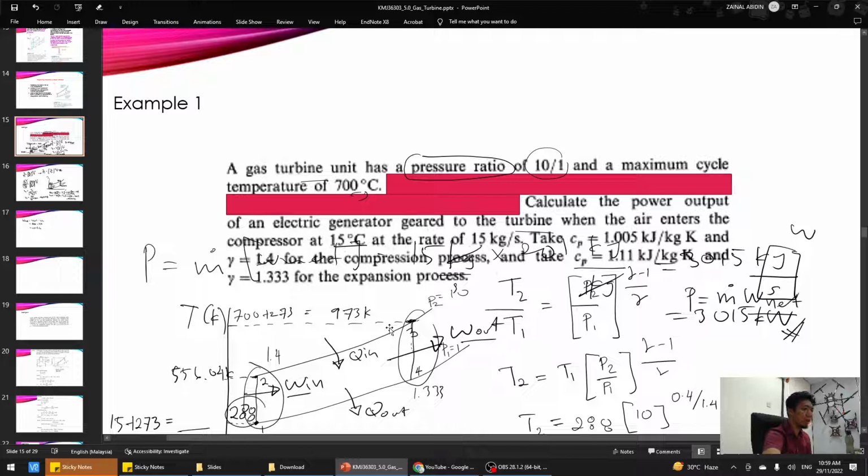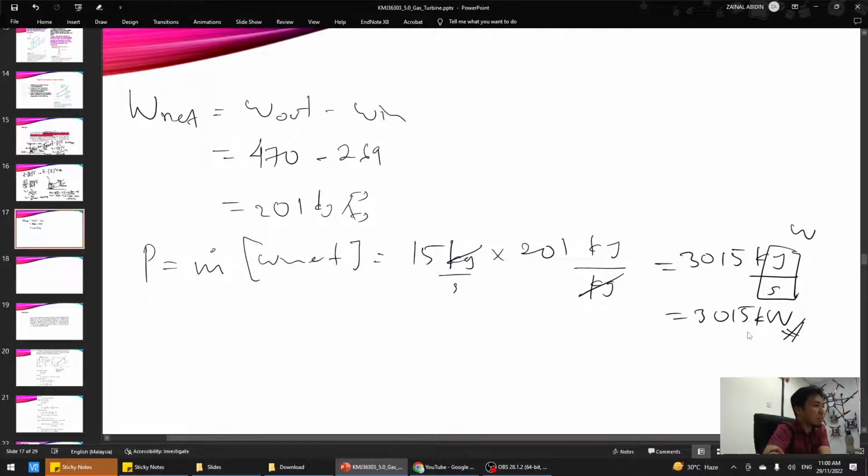You just need to develop ataupun to expand the formula from the TS diagram itself, right? And so we're done with example 1. You got around 3015 kilowatt.